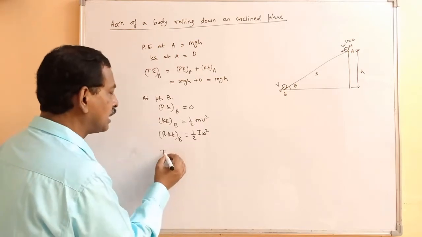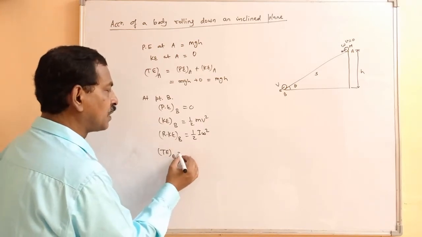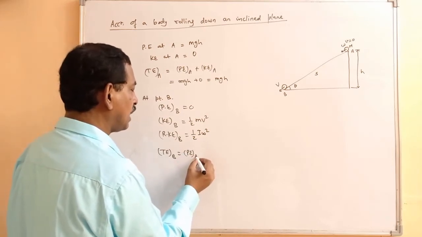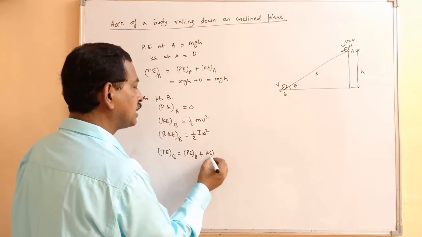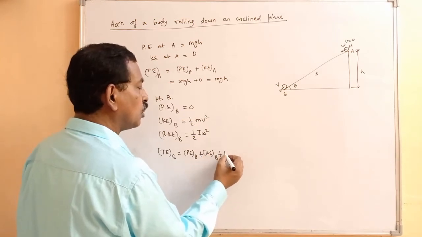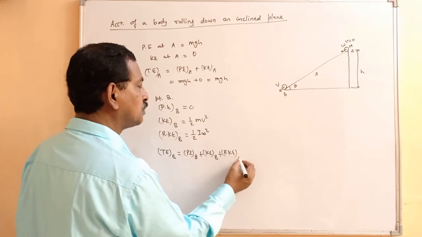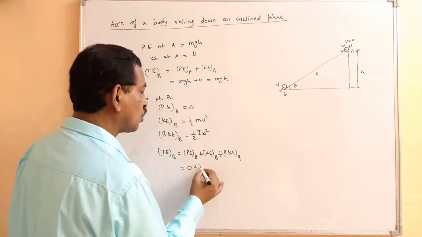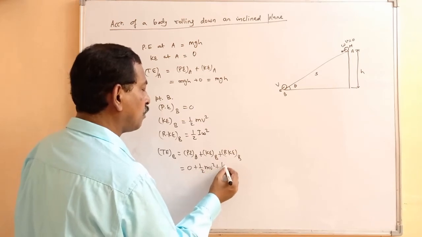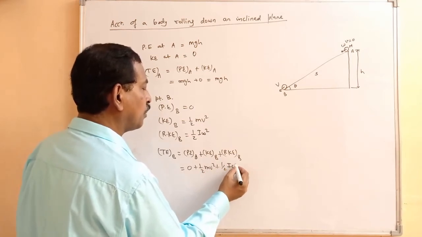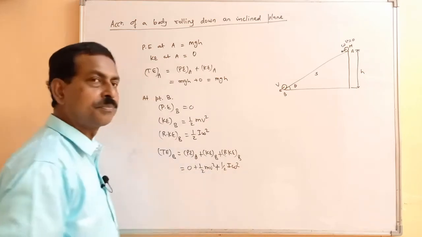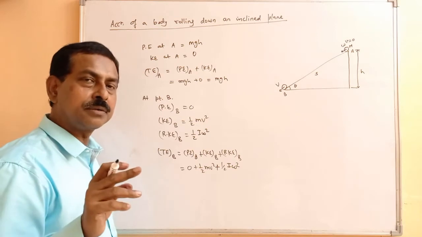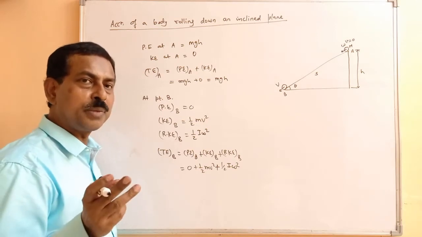So the total energy at B will be equal to potential energy at B plus kinetic energy at B plus rotational kinetic energy at B, which is 0 plus half mv square plus half I omega square. Remember that omega we can write as v by r, v is equal to r omega.